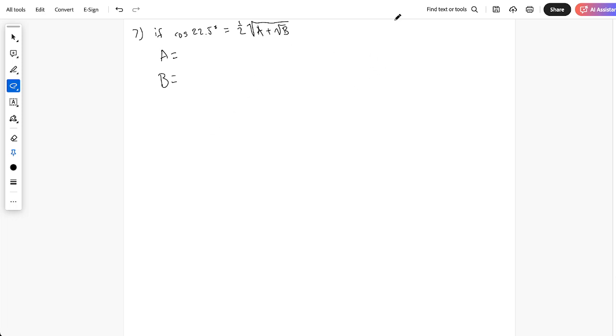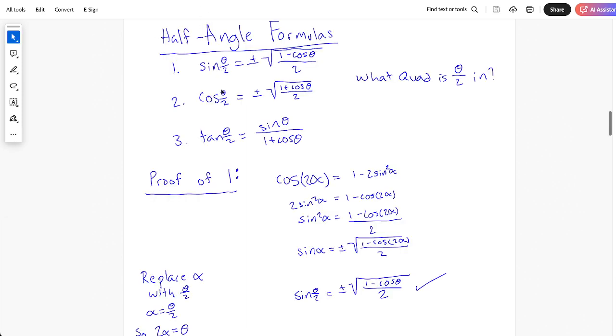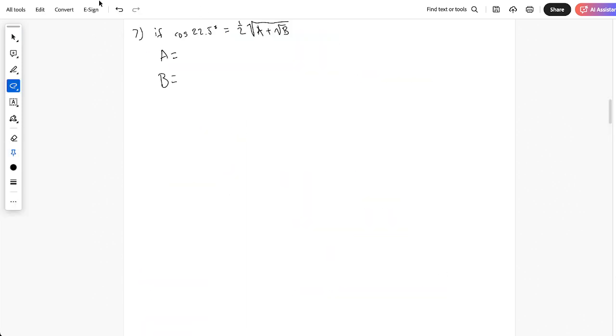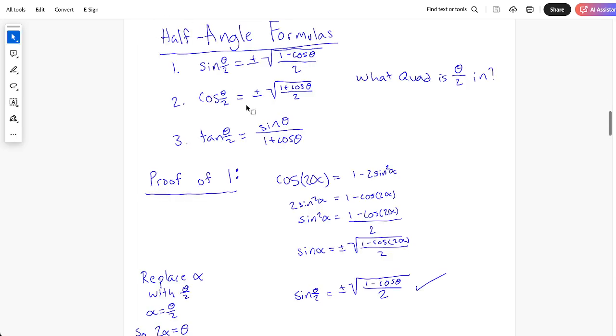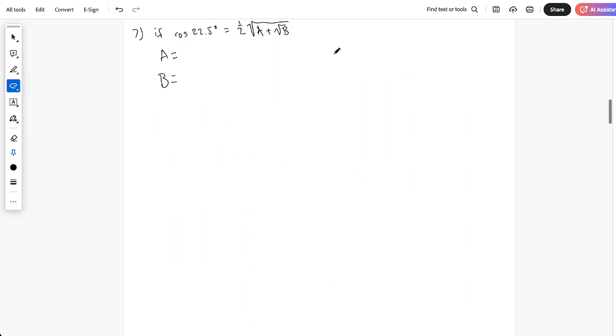And so let's look into this, right? So this is a half angle, right? And it's a cosine. And so because it's a cosine, you use this right here. So we're just going to put that up here just so we know what it is.